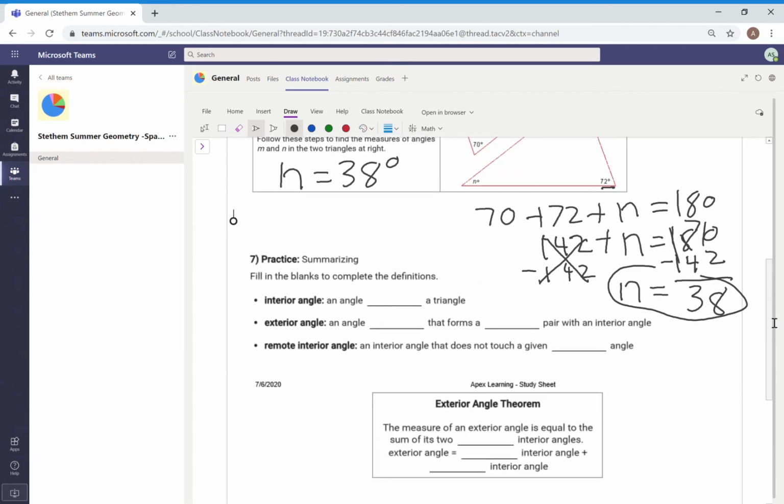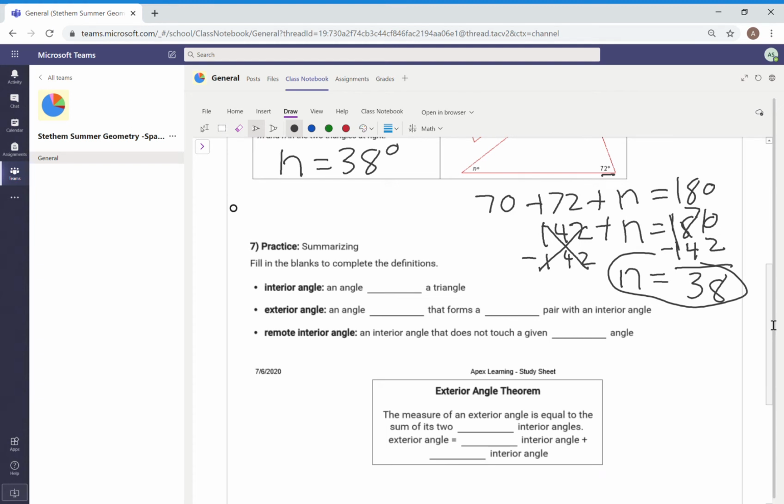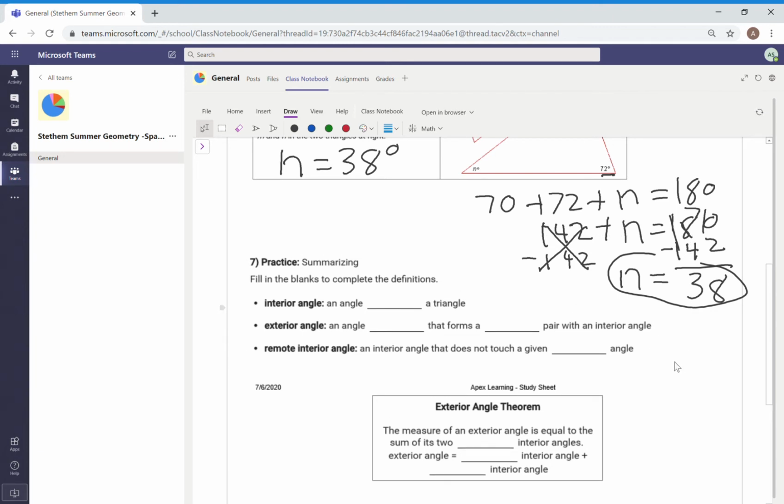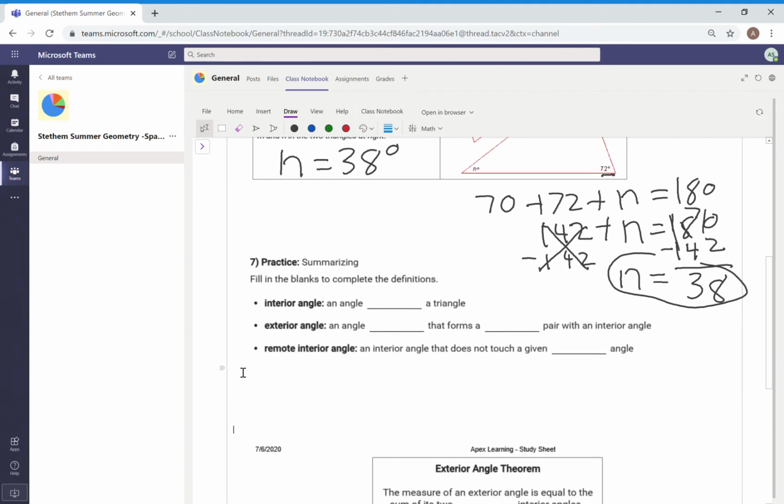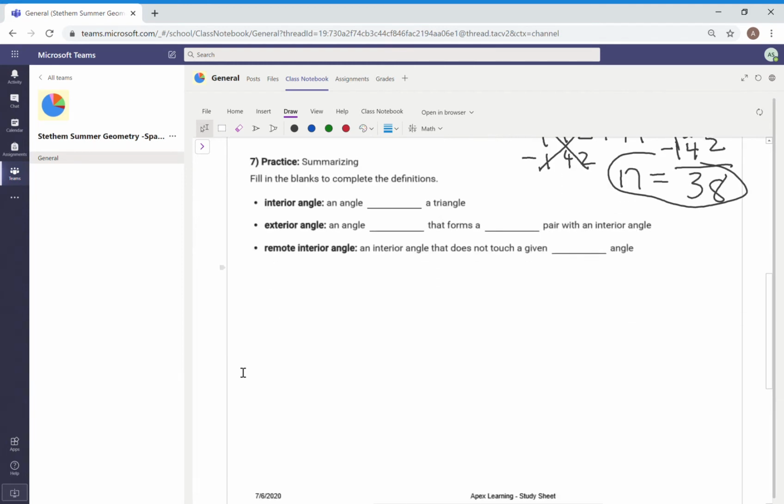Moving on, there's a couple little definitions in here. The first definition that we see is the interior angle. Well, what is the interior angle of a triangle? Interior angles, I guess we should say. I'm going to give myself some space and draw a little triangle here for you. Alrighty.